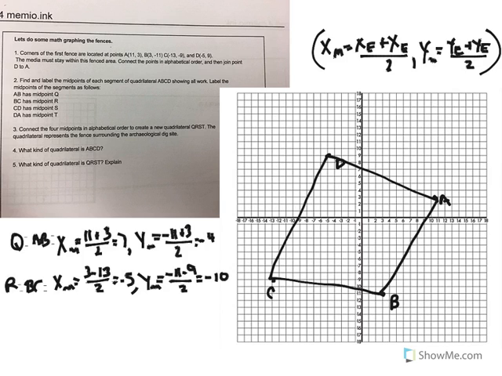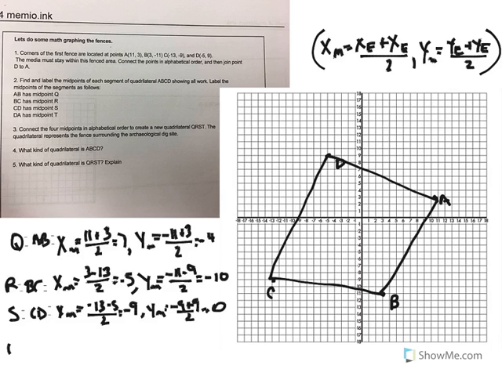I need to find midpoint S, which is the midpoint of line CD, and I get X midpoint is (-13 minus 5) over 2, gives me -9. The Y midpoint is (-9 plus 9) over 2, which gives me 0.